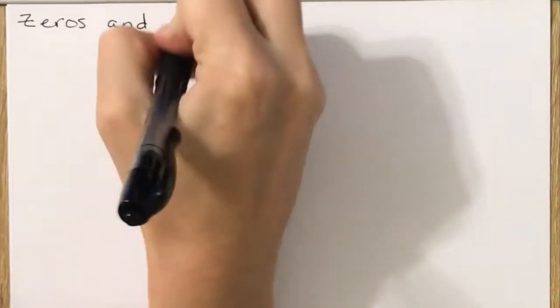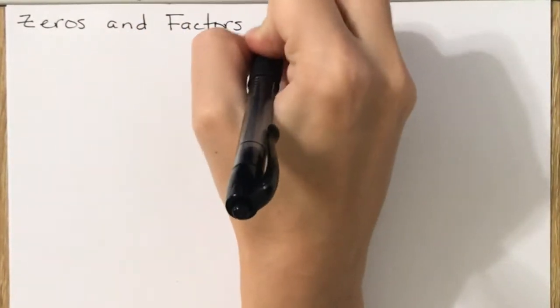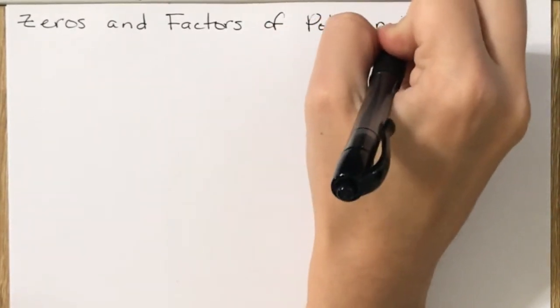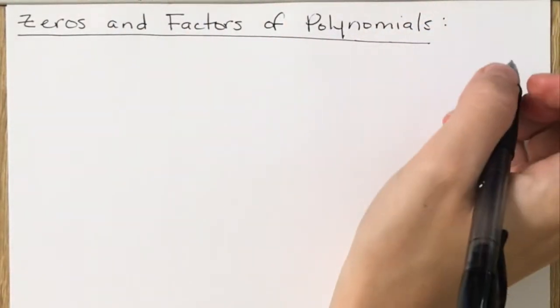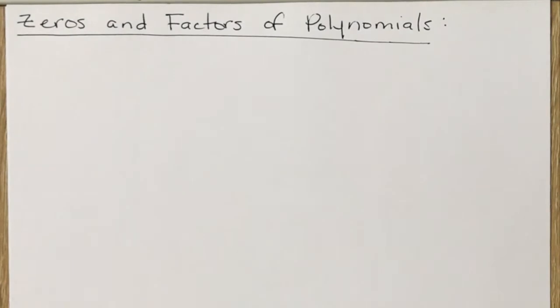Okay guys, today we are starting our lesson on zeros and factors of polynomials. Actually, before we get into it in our notes, I would like for us to do a problem from the lab manual first.